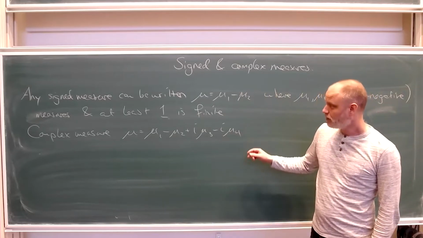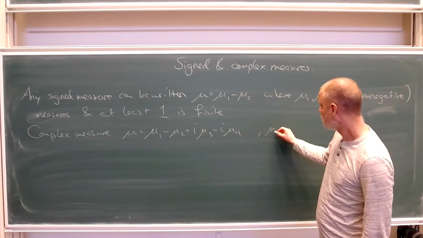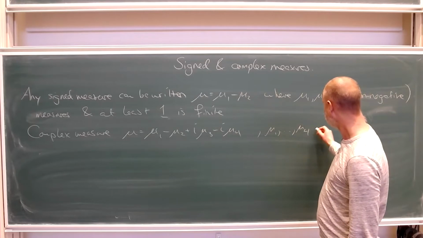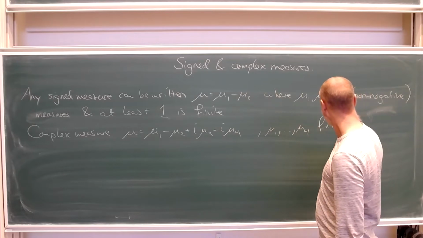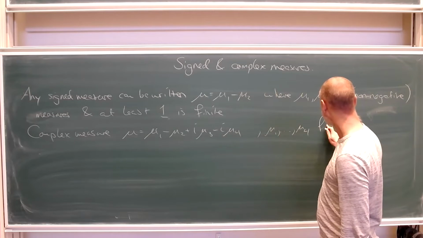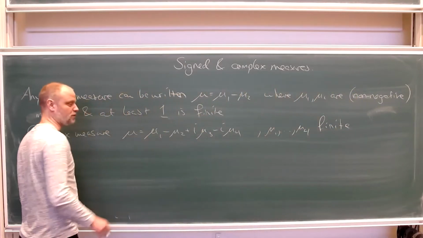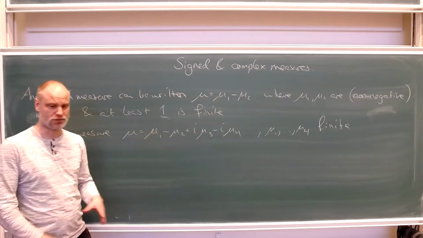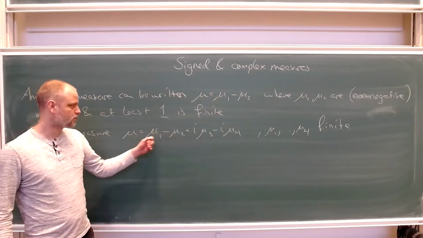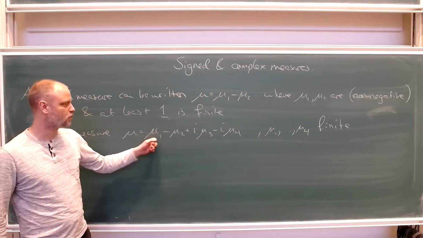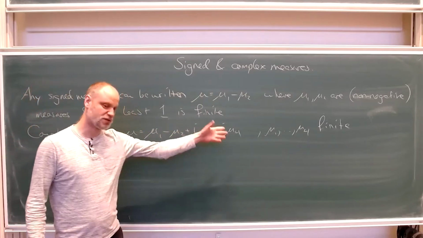Complex measure, same thing here, but now all four measures that we need have to be finite, because we don't want infinity here at all. So the difference of two non-negative measures as we knew them before, plus i times the same thing, right?